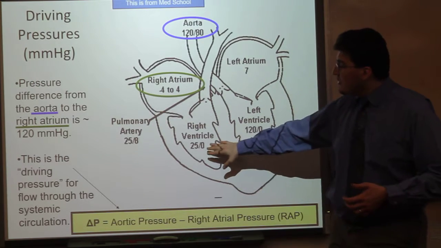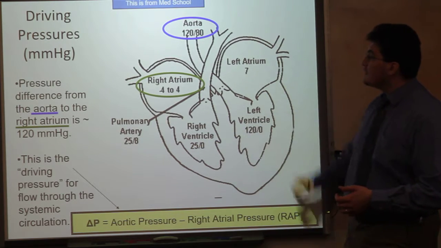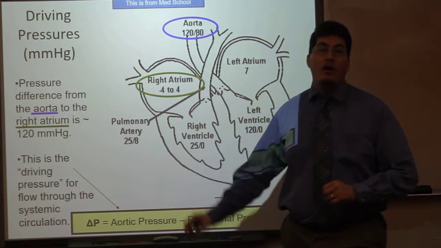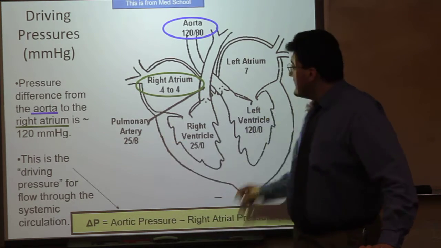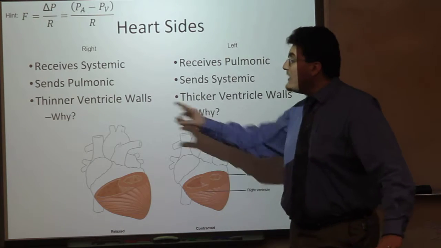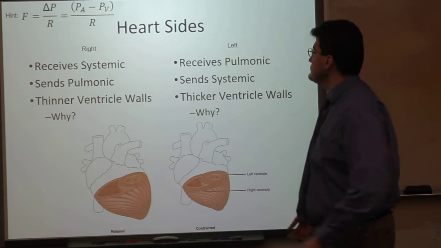So the right ventricle needs to generate a lower pressure than the left ventricle does. In order to generate a lower pressure, those muscular walls need to be thinner. And these muscular walls need to be thicker. So that's why we have these different thicknesses of walls.